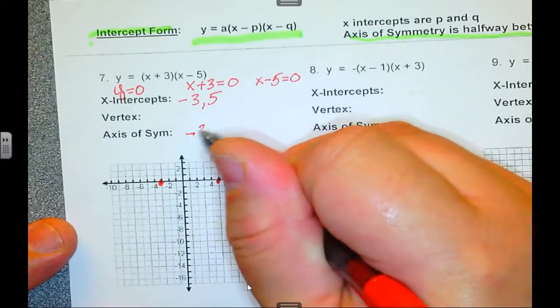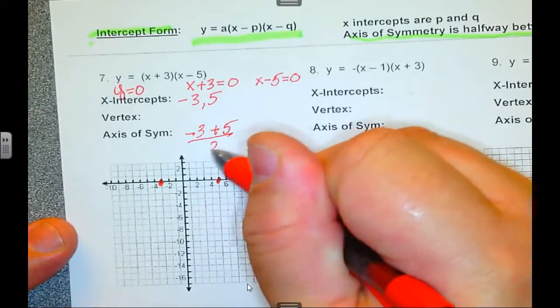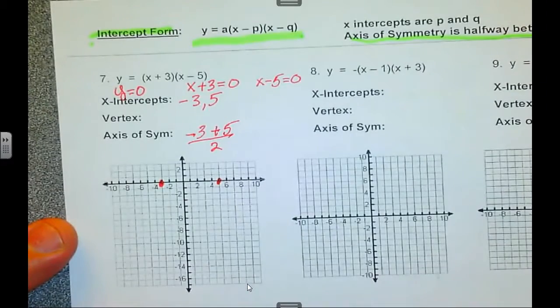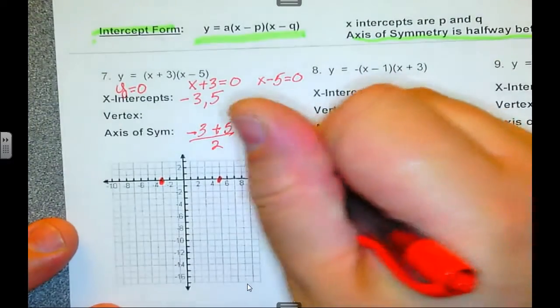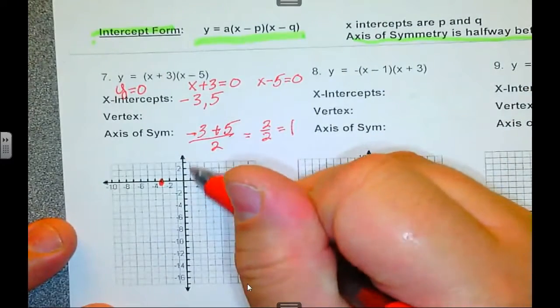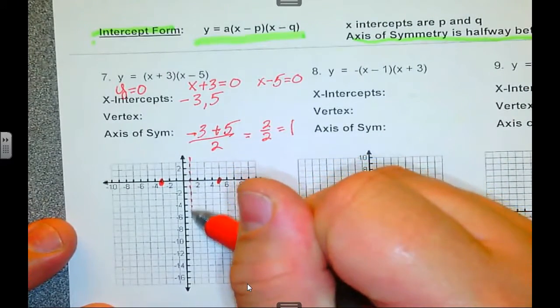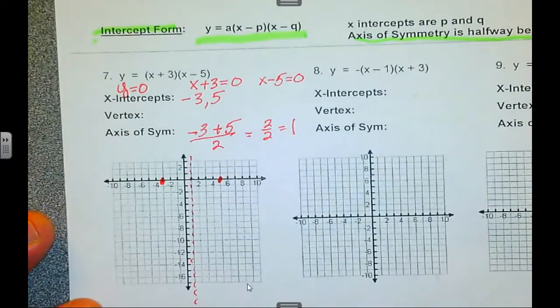Okay, what you're doing is you're taking -3, adding 5, divide by 2. Okay, that gives you the midpoint. So my axis of symmetry here is 1. X equals 1.